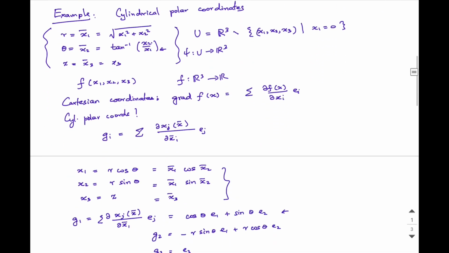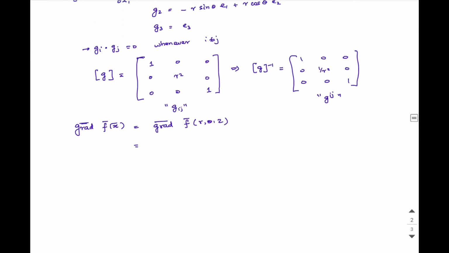It's very straightforward to compute, and you end up with the following expression. It's going to be partial f bar by partial r, g1, plus 1 over r squared partial f bar over partial theta, g2, plus partial f bar by partial z, g3. I'm omitting all the arguments, but when I write f bar, I implicitly mean f bar is a function of r, theta and z.